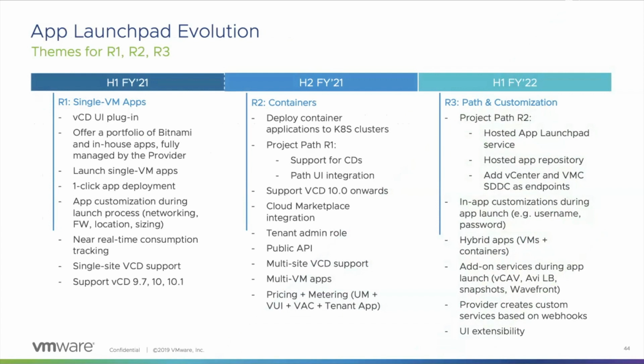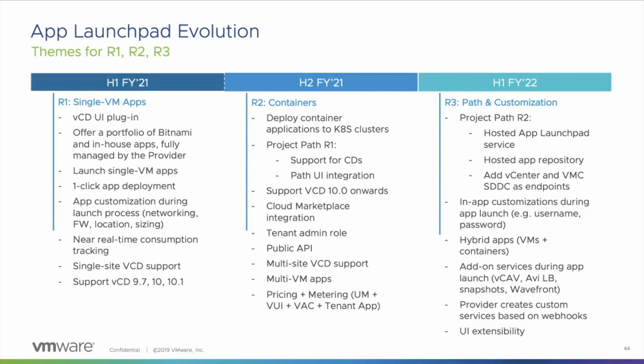So this includes all of the Bitnami VM images and most images that our service providers are offering today to their tenants. So version 1 is just the UI interfaces that we've walked through today, supporting service providers offering a portfolio of applications and tenants launching single VM applications through one-click app deployment.